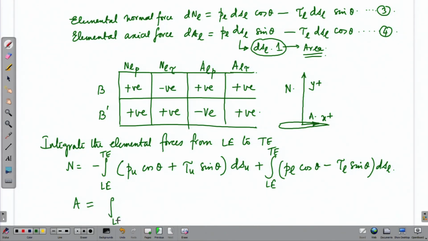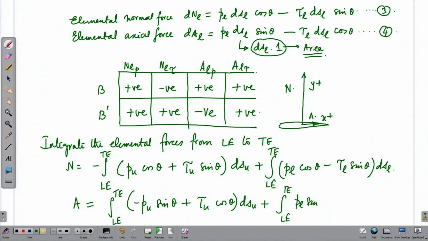And remember that these forces are essentially per unit span, that is for a two-dimensional body. In both the equations, there are contributions from the upper and lower surface. We will call these equations as 5 and 6.